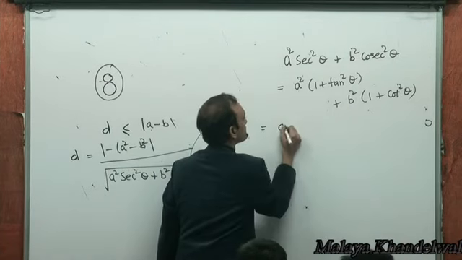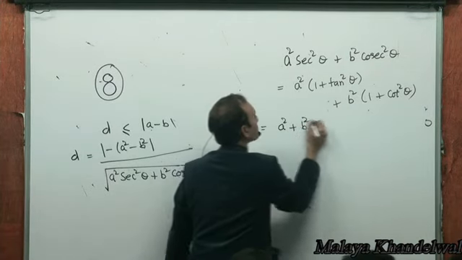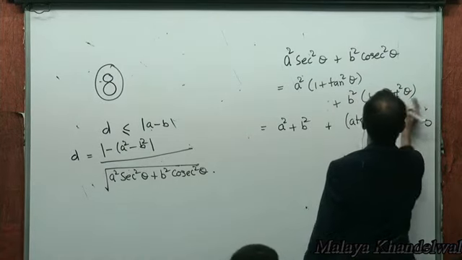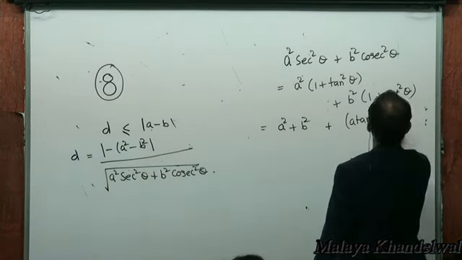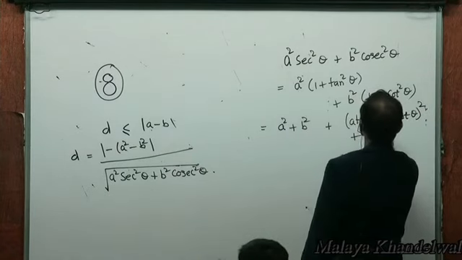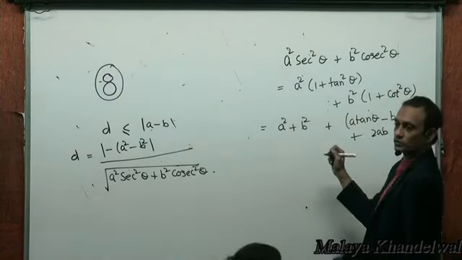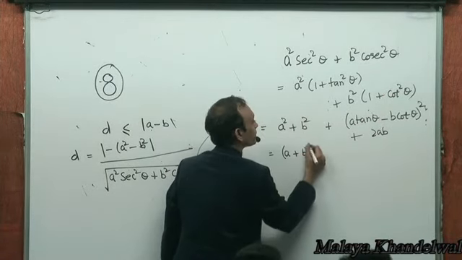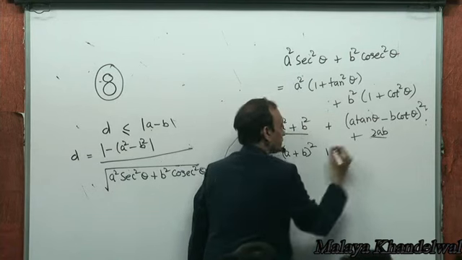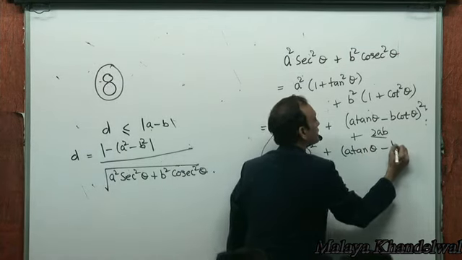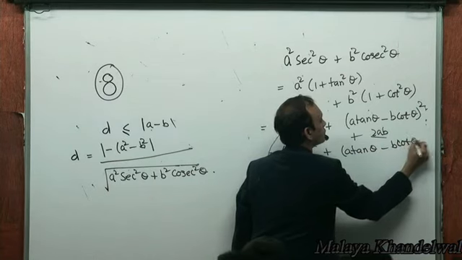Do you realize this can be written as a square plus b squared plus a square tan square theta plus b square cot square theta, which I want to write as (a tan theta minus b cot theta) whole squared plus 2ab? Yes or no? Which is like (a plus b) whole square, plus (a tan theta minus b cot theta) whole squared.